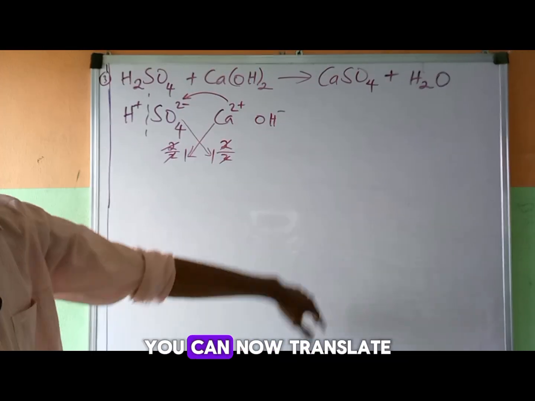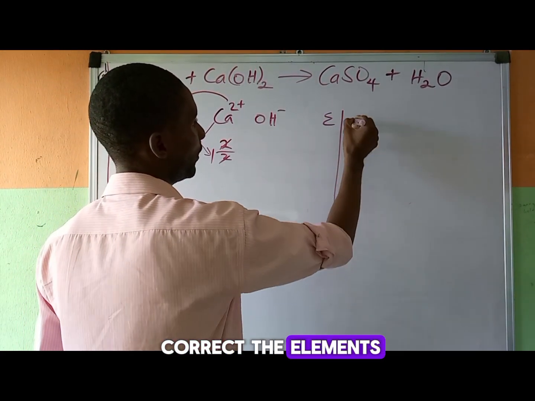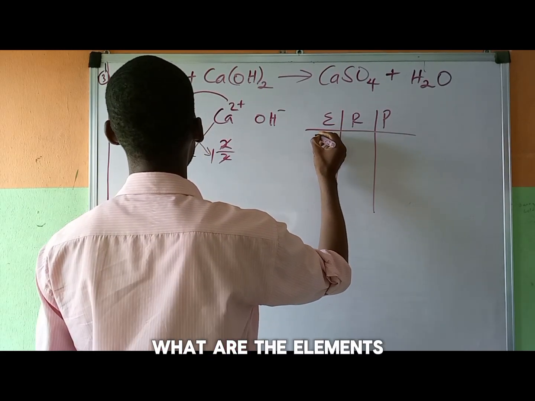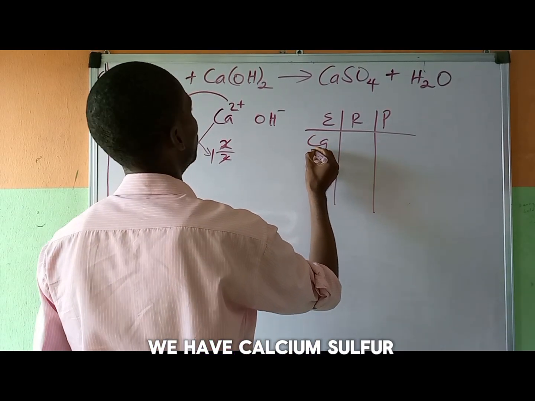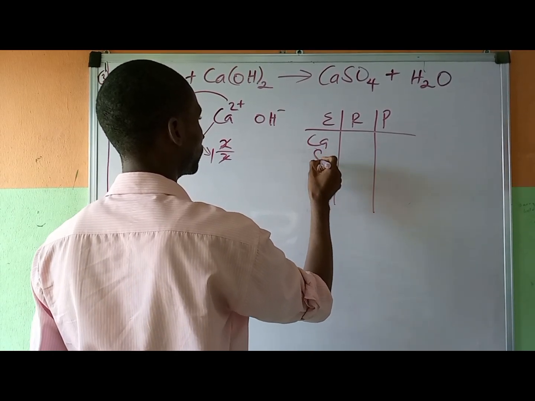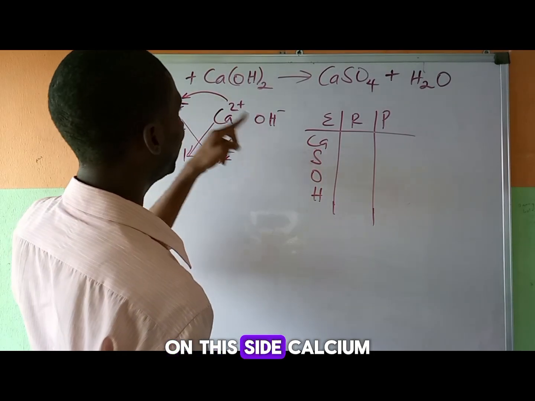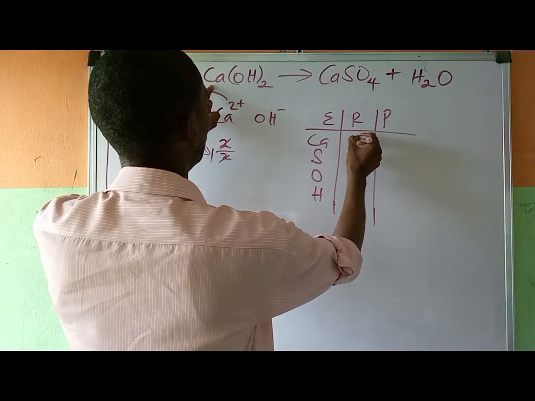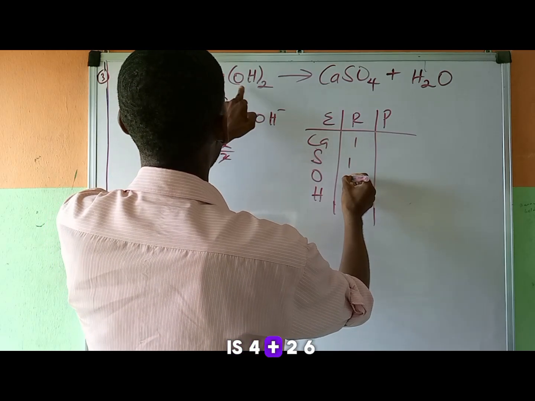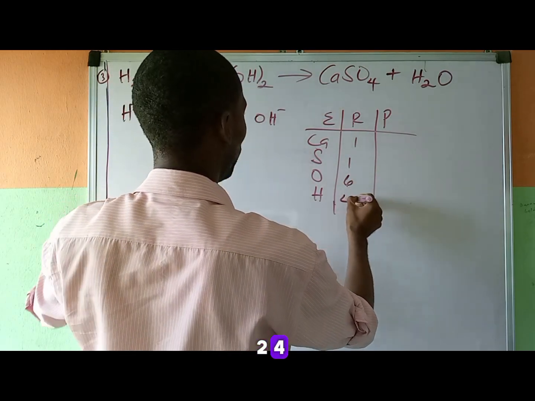And from here you can now tabulate to see if your equation is correct. The elements, the reactant side, and the product side. What are the elements? We have calcium, sulfur, oxygen, and hydrogen. On this side, calcium is 1, sulfur is 1, oxygen is 4 plus 2, 6, hydrogen is 2 plus 2, 4.